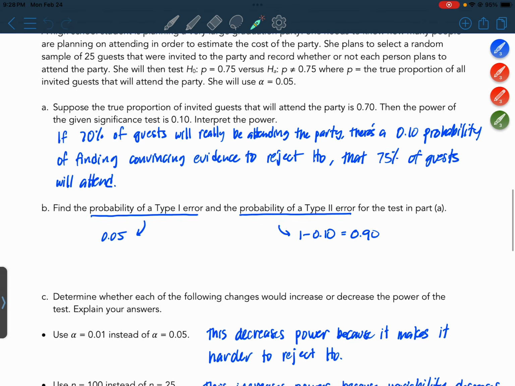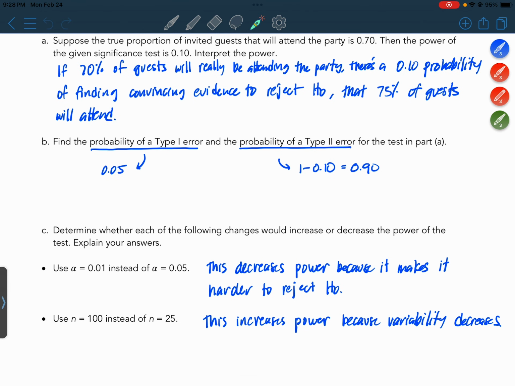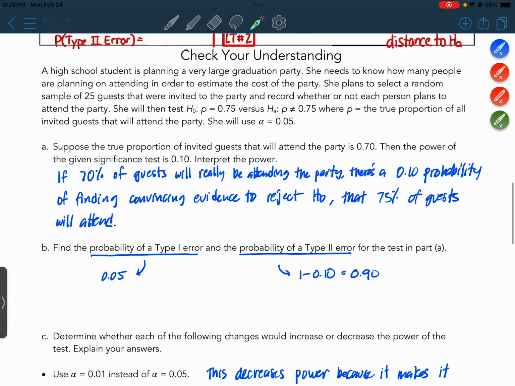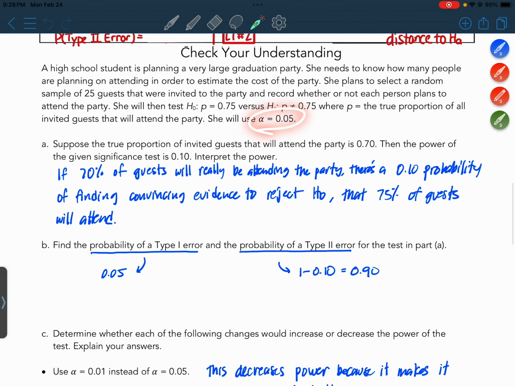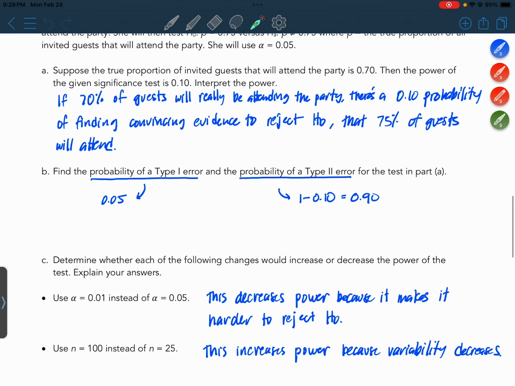All right, part B. The probability of a type 1 error is our significance level, so that's 5%, and it's right there. The probability of a type 2 error is 1 minus the power, so 1 minus 0.10 leaves us with 0.90.